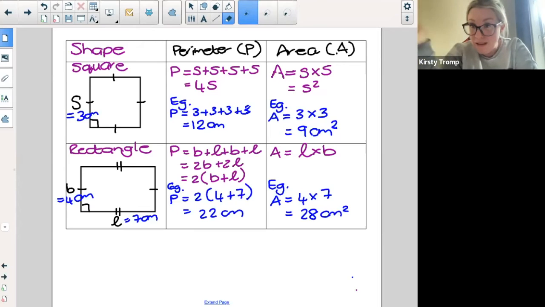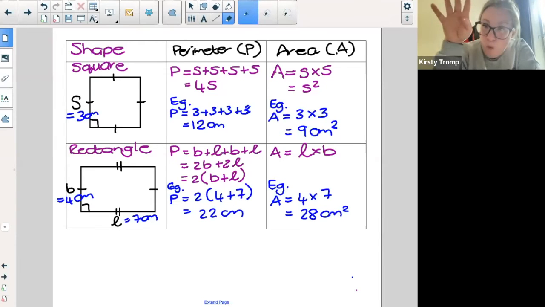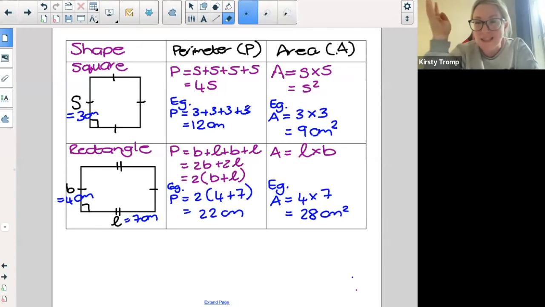How many sides are in a square? 4 sides. If I'm walking around the outside, how many sides am I going to go past? 4. And if I say 4 times by, what's the side equal to? 3. So 4 times by 3 gives me 12.